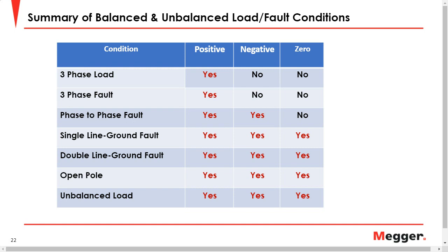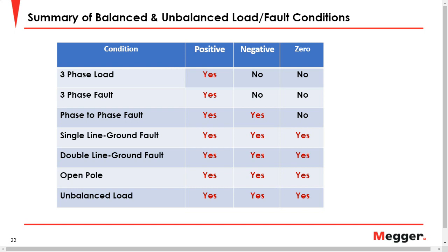On a purely balanced system, if that does indeed exist, which usually doesn't, you're going to have positive sequence. That's on a balanced system. You're not going to have negative or zero sequence.